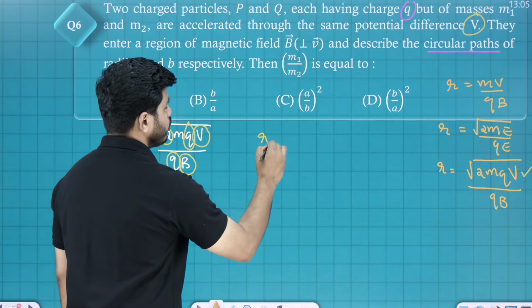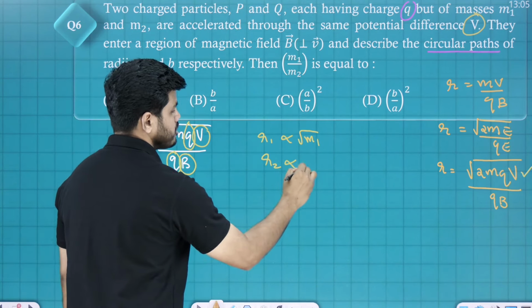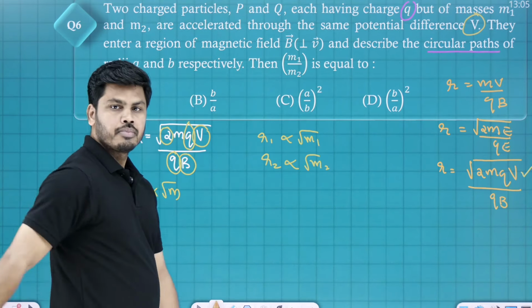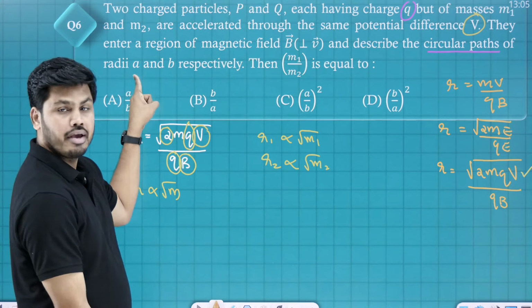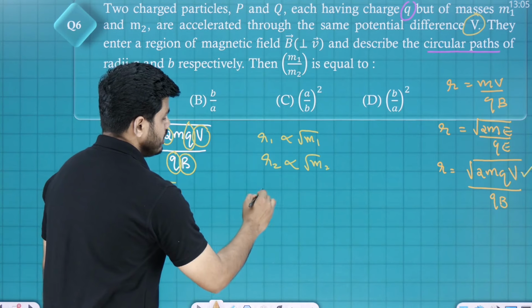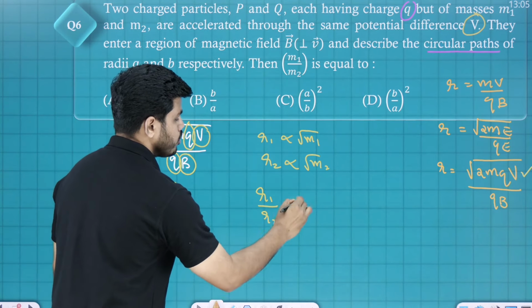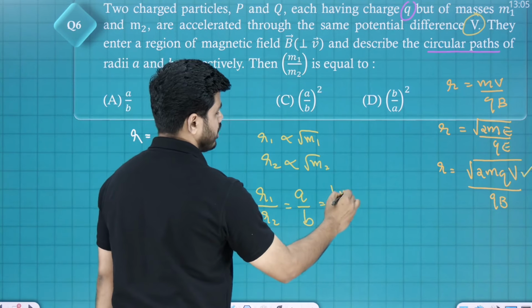So R1 is proportional to root of m1. R2 is proportional to root of m2. Correct? Yes. So what could be R1 by R2? See, R1 is given as small a. R2 is given as b. So we can say R1 by R2, which is actually equal to A by B, is root of M1 by M2.